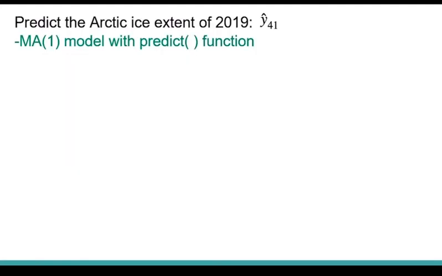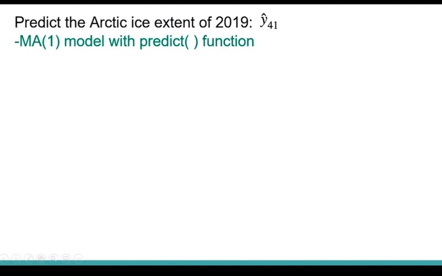Our last observation is the 40th, so we have 40 observations, and we want to make a prediction for Y41, because Y41 corresponds to 2019.